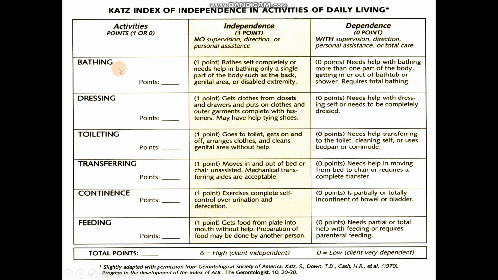If the older person can do bathing, dressing, toileting, transferring, continence as well as feeding by himself, he will get 1 point each, a total of 6. If the person gets 6 points, that means high, the client is independent. Based on this, there is a scale from high to low. So this is one example of a tool.